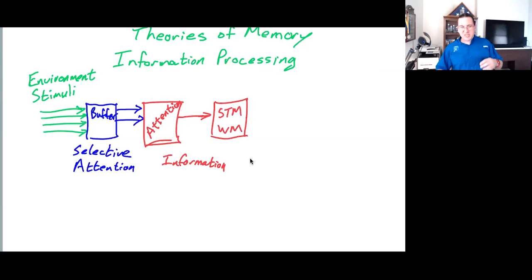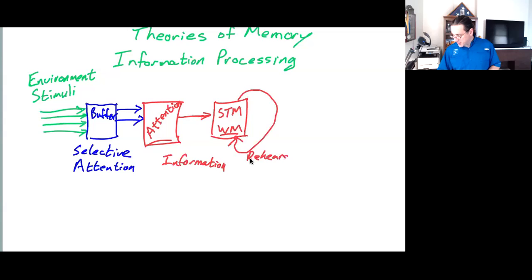Very synonymous. Your short-term memory is very close to your selective attention, in that you could probably forget something a little easier if you chose not to put it into your working memory, which is rehearsal, which I'll explain in just a little bit. So what happens with the information we put in there is I give you a list of instructions and you start rehearsing it over and over.